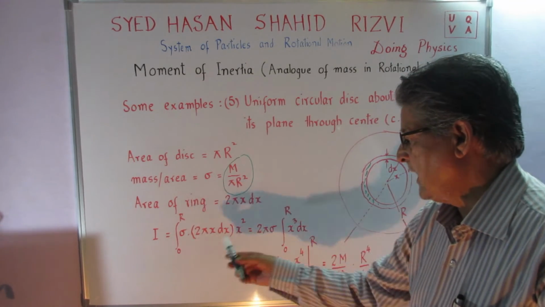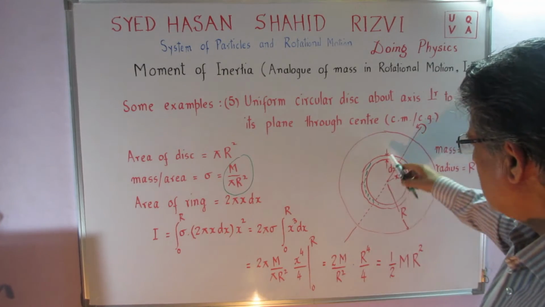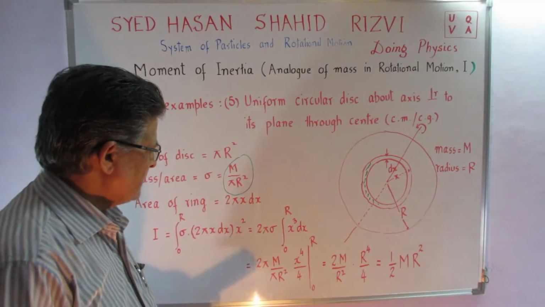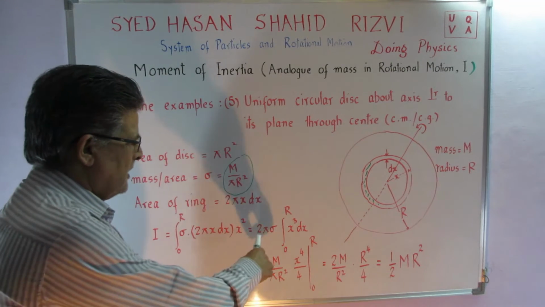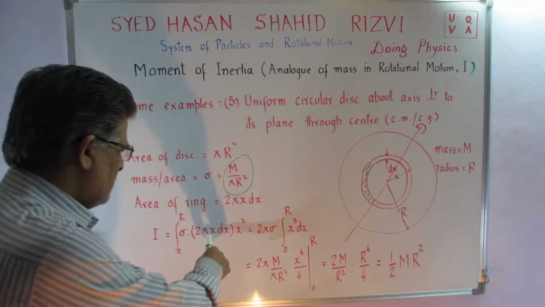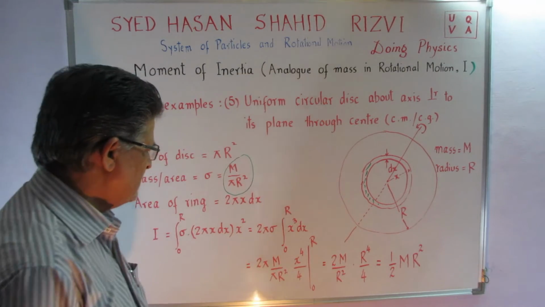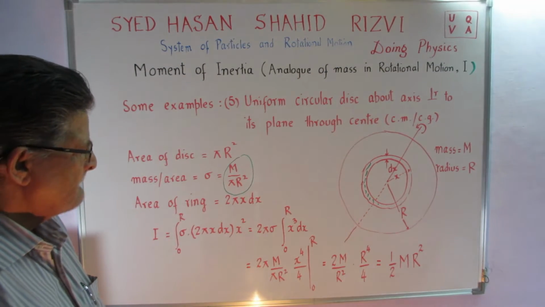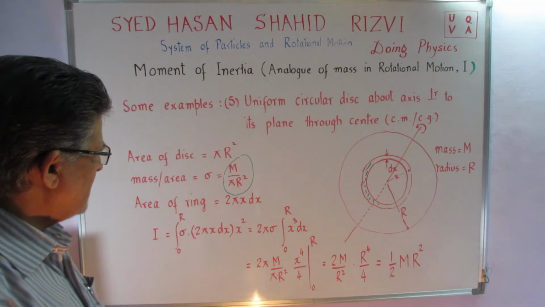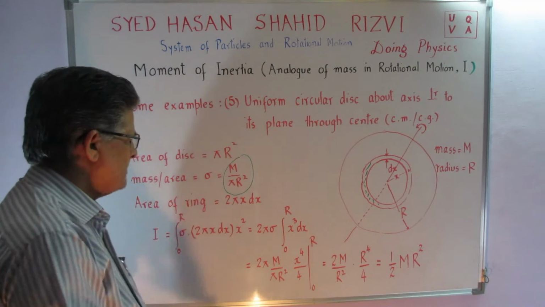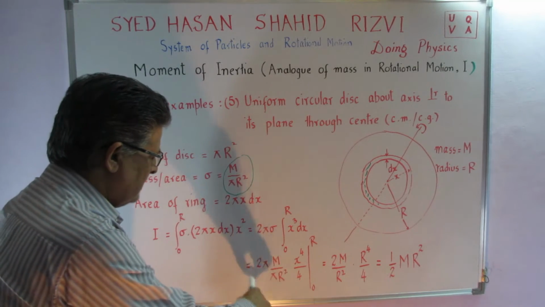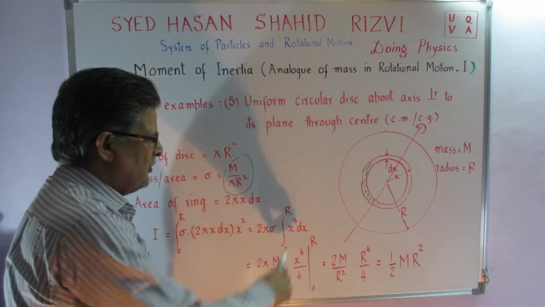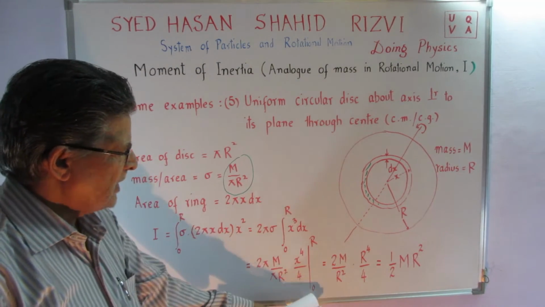Because all points on the ring are situated symmetrically about the axis of rotation, I can write the moment of inertia as 2 pi sigma, integral of x square into x, that is x cube dx, from 0 to capital R. And then I substitute for sigma, which is total mass upon pi r square, and this turns out to be, with the formula that we have, x to the power of 4 divided by 4, and the limits are put there.